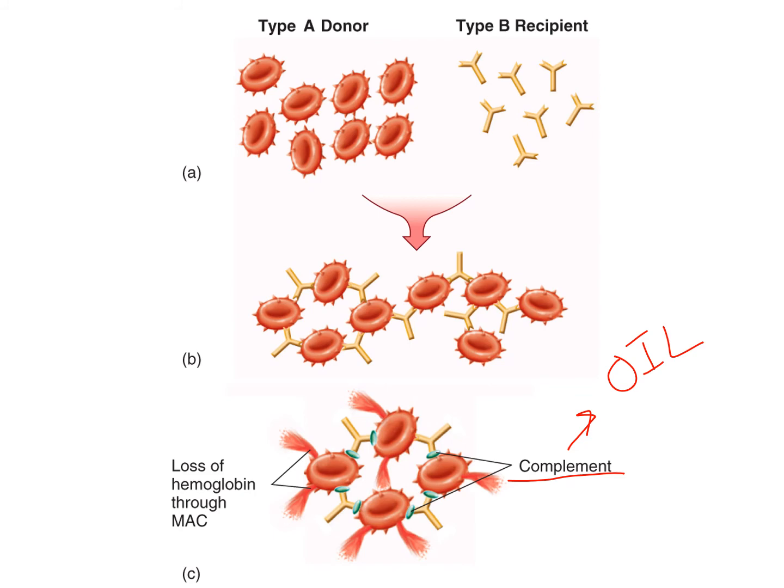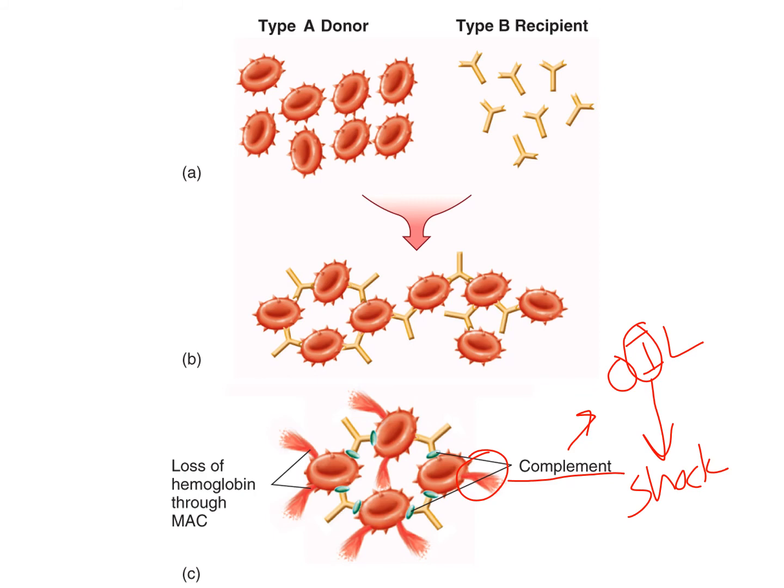opsonization, inflammation, and lysis. So you are going to trigger inflammation in the circulatory system, so that will lead to shock. And not only that, you have triggered lysis, MAC formation, in those donated red blood cells, so you will be lysing all the red blood cells.